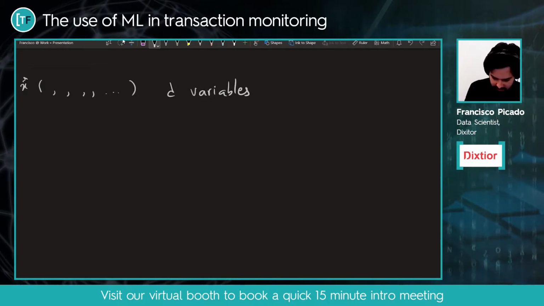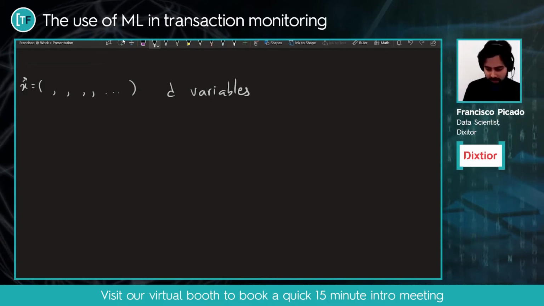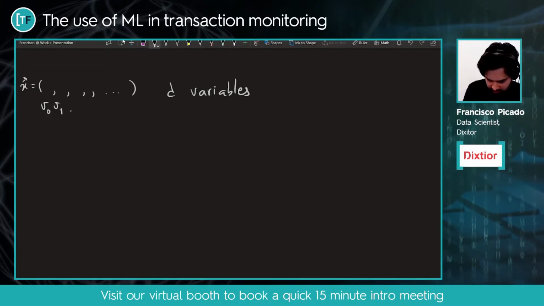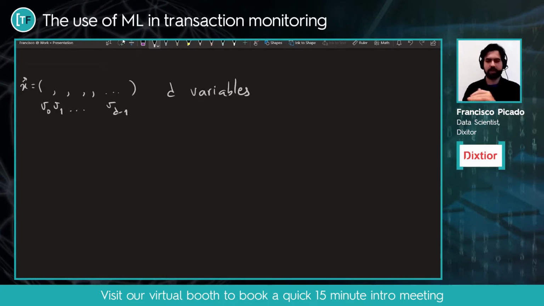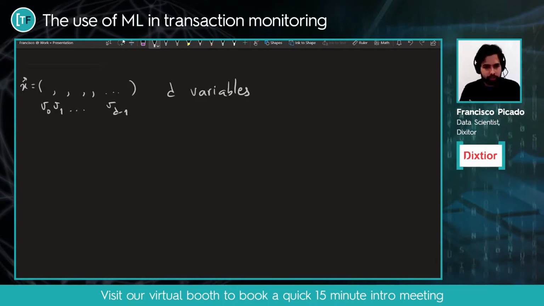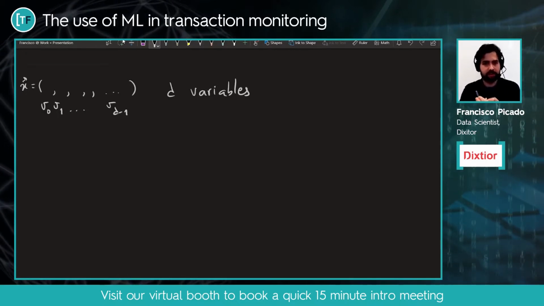So anyway, an account is a vector with the variables where each coordinate corresponds to the value in that coordinate. So we want to group these vectors based on the distance between them.